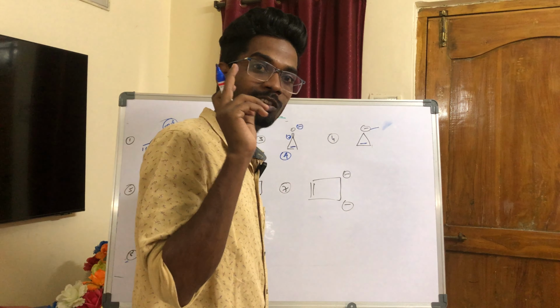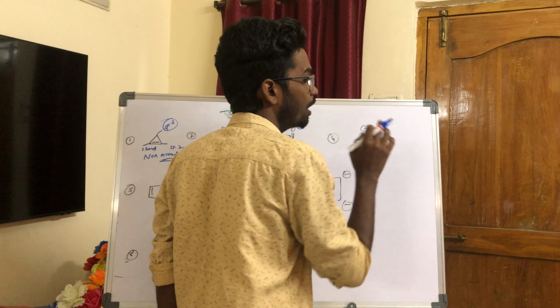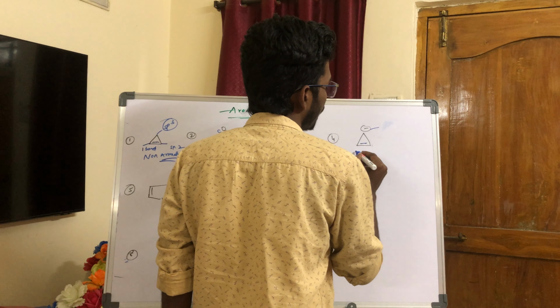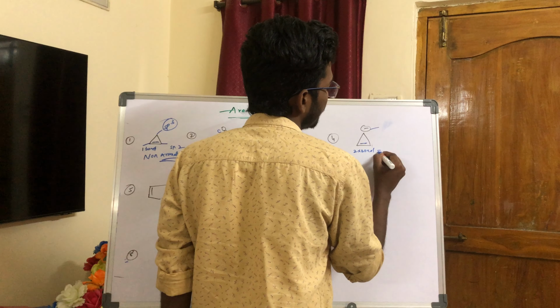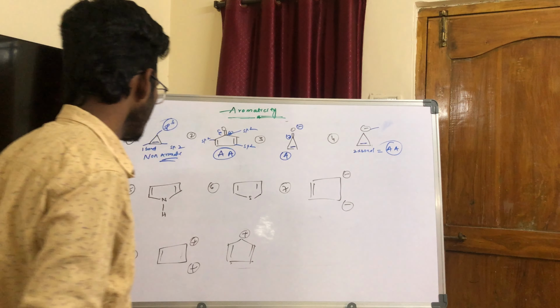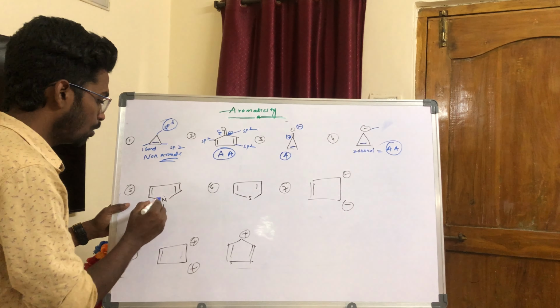A negative charge as well as a lone pair of electrons has electron density, so we consider those also. So here we have two bonds, right? Two bonds equal an anti-aromatic compound.